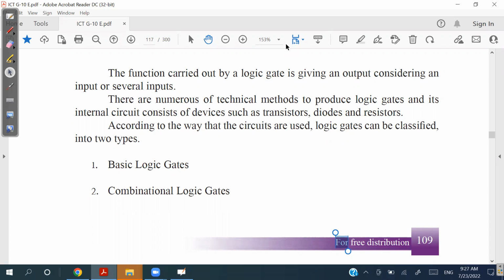Because the computer can understand things as ones and zeros, as we learned in the previous lesson, right? So when it comes to Boolean algebra, when we are working with the gates, we are working with ones and zeros again.